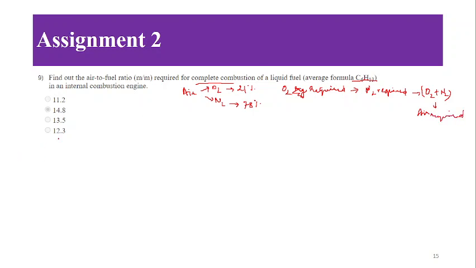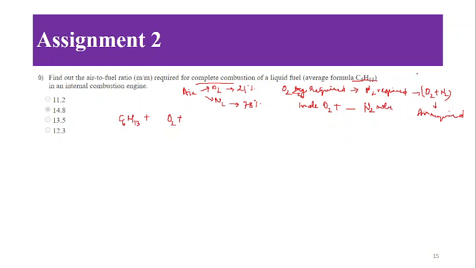So firstly we write the balanced equation. How the balanced equation comes out is, you take 1 mole of the fuel, C6H13, plus some O2 plus some amount of N2. Suppose some mole of air has 1 mole of O2, and how many moles of N2 will be there?